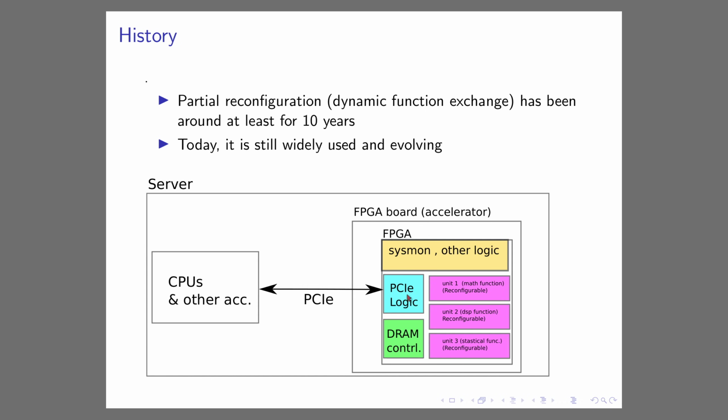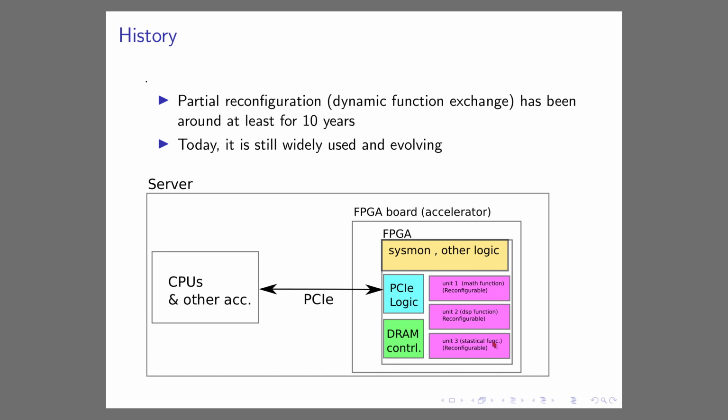He doesn't need to. But the rest of the programmable fabric is available for the customer, and the customer can put his set of different functions on this programmable fabric so that it can accelerate the type of processing task that he has. And this is where partial reconfiguration becomes very handy. Basically, you keep these areas of logic, you don't touch them, you reconfigure only those areas in which you want to implement your own function.